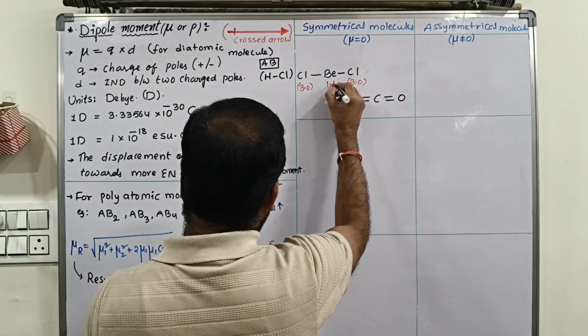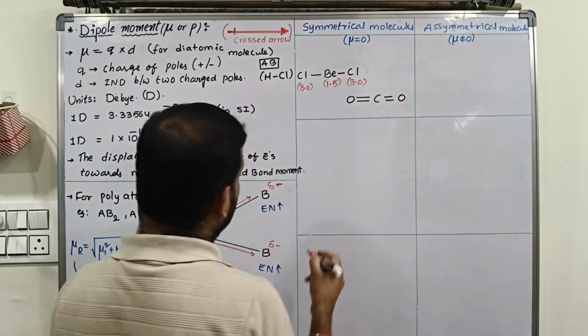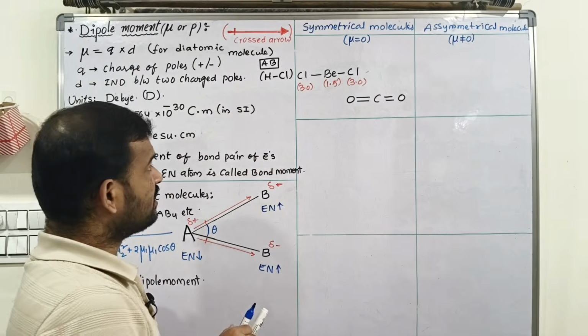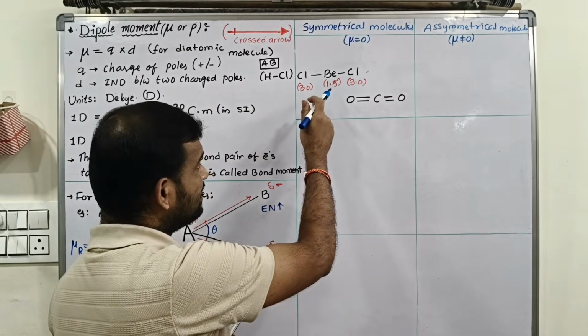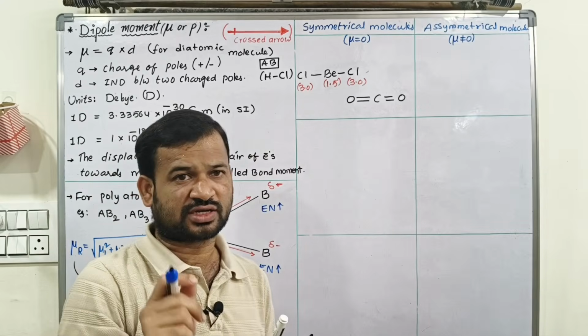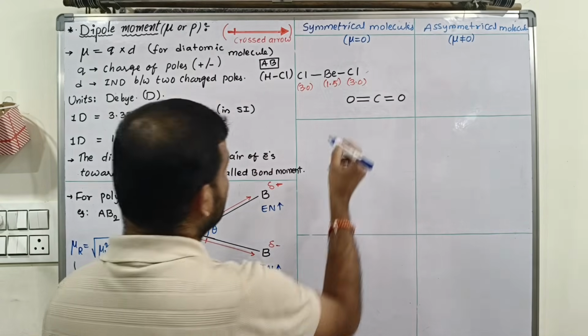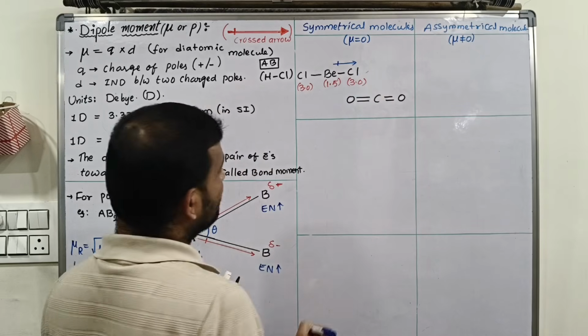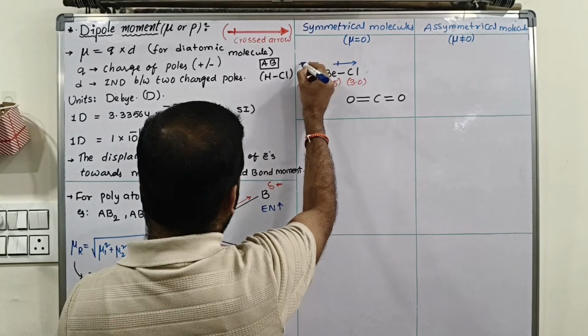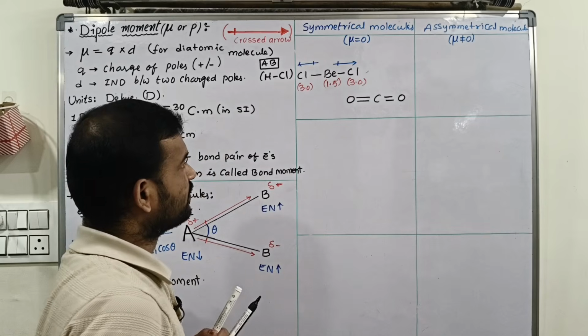Okay, so now which has more electronegativity? Chlorine has more electronegativity. So the bond moment will be directed towards the more electronegative atom. So here the bond moment goes from beryllium to chlorine. Here also beryllium to chlorine.